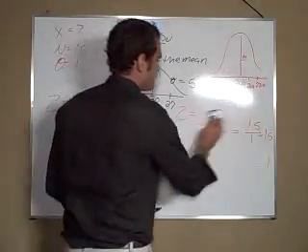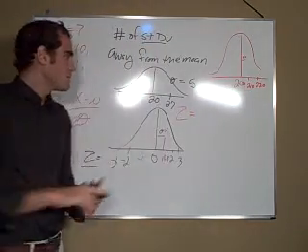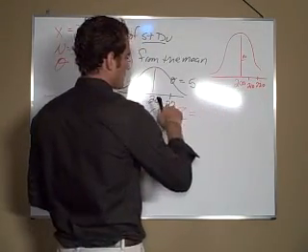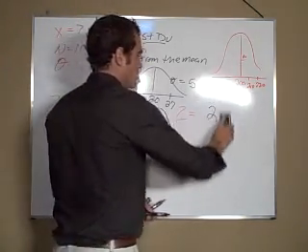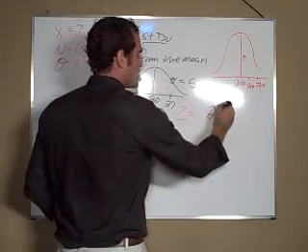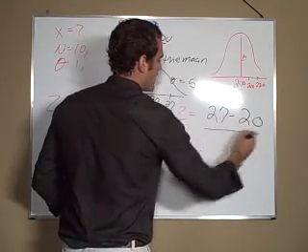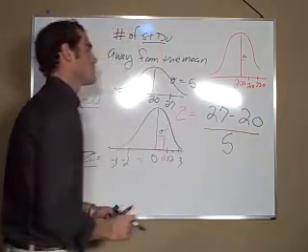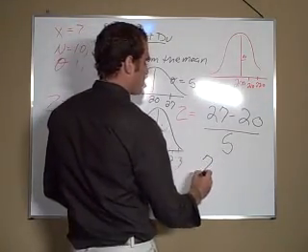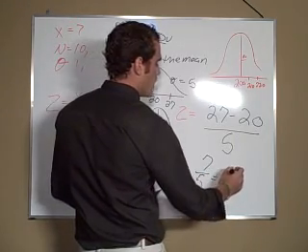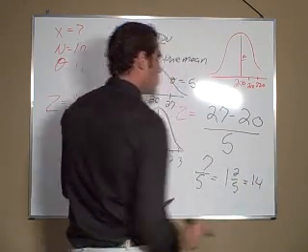Well, you can do this quite simply. 27 minus the mean, divided by the standard deviation. 27 minus 20 over 5. This is 7 over 5. This reduces to 1 2/5, which reduces to 1.4. Very easy.